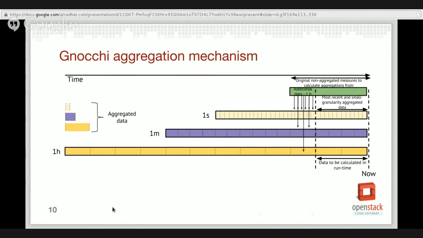So we, for example, aggregate down to 1 second from the raw data, and then we independently aggregate the raw data down to 1 minute, and then we also return to the raw data to independently aggregate down to 1 hour. So it doesn't go to 1 second first, and then take the average of the 1 seconds, and then down to 1 minute, and then take the average of the 1 minutes, and then to 1 hour, because that can lead to distortion effects, where you take the mean of means and the number of contributing data points differs from each bucket, from each period to the previous one.